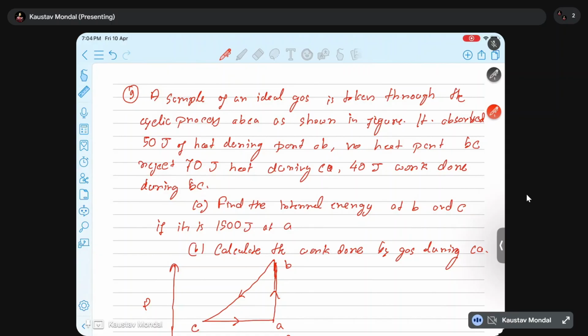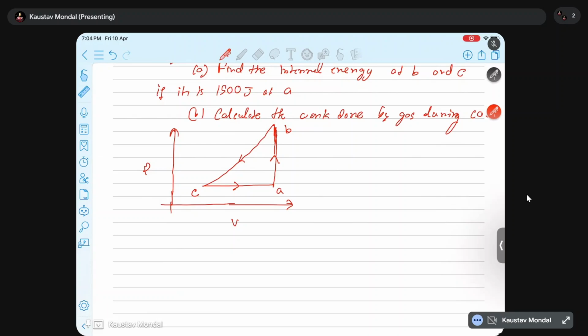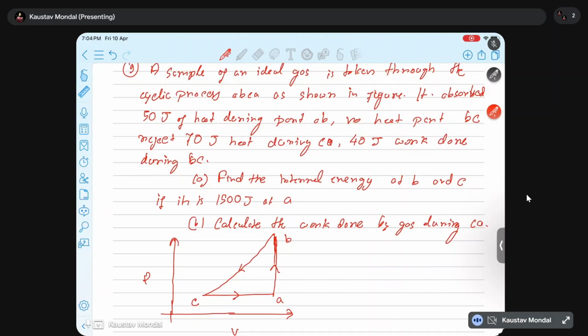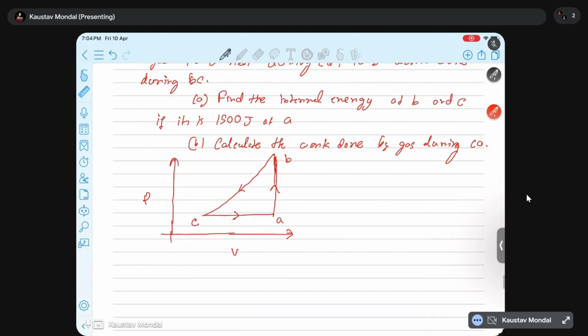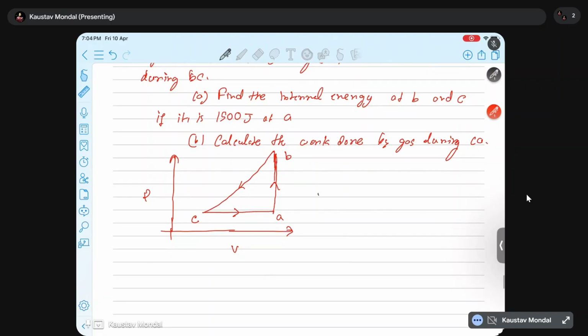So first let's take from A to B. What is happening from A to B? 50 joule of heat is absorbed from A to B.